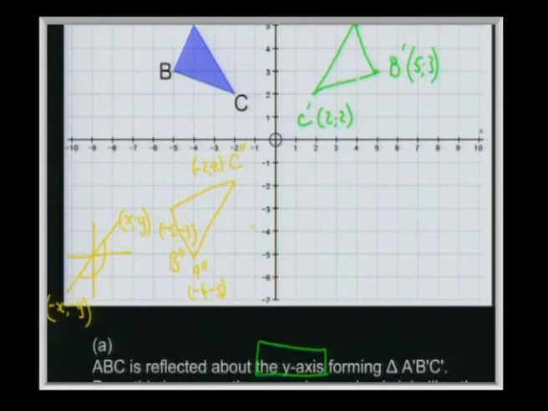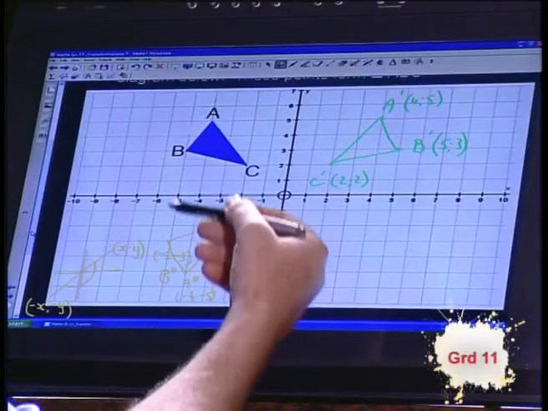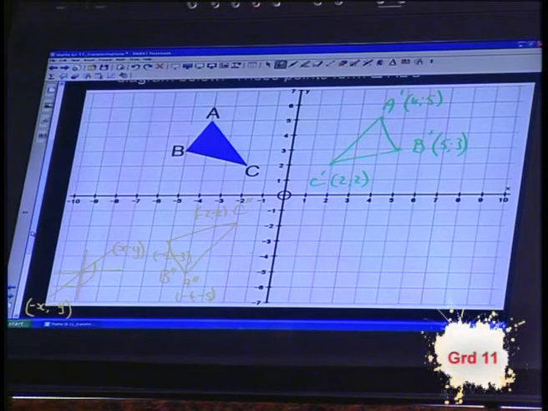We landed up with A double dash, B double dash, C double dash down here in the 4th quadrant. They want a single transformation that will take my blue triangle and make it become yellow. Now I'm going to list the points so that I can be absolutely certain what happened. Some of you are not going to be required to do that, and that's absolutely fine. If you can see the single transformation, write it down straight away, go for it.